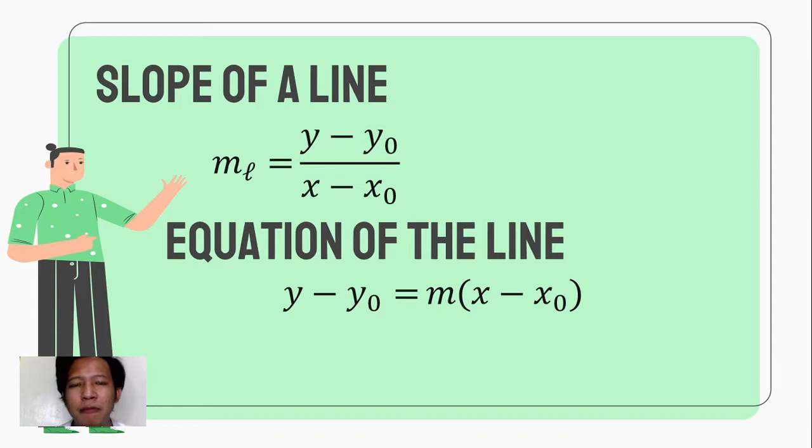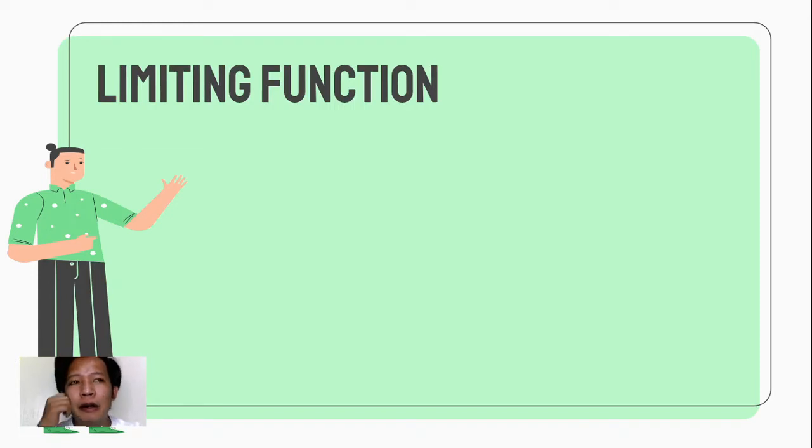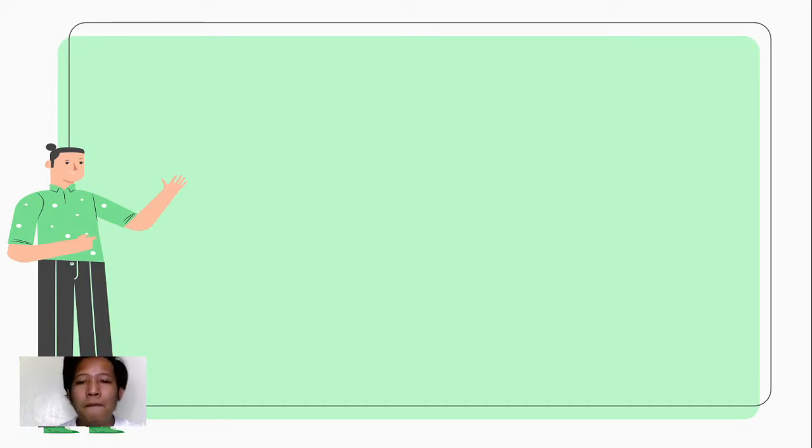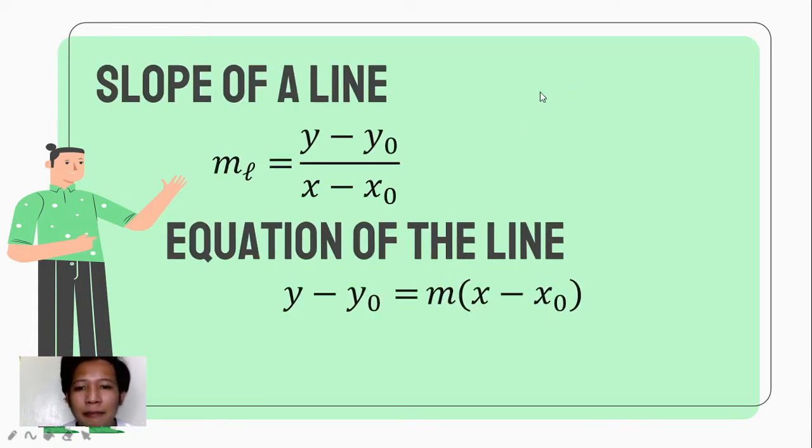Let us have examples of problems concerning the equation of the tangent line with respect to a certain function at a given point. Before that, as I said earlier, the tangent line is the limiting function of the second line we drew that cuts our function.